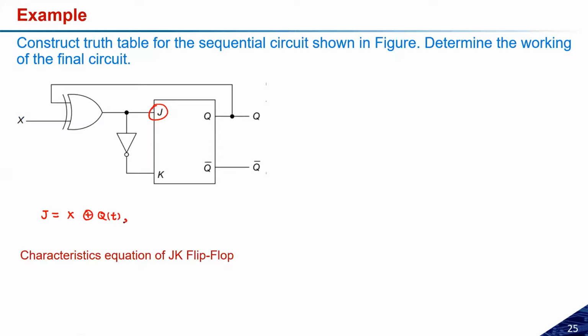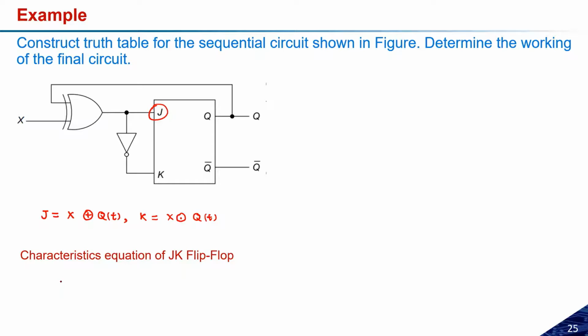This is the J. And similarly, K is nothing but X XNOR with Qt. What I have done here, this inverter is there, so we can say it is the XNOR logic. So we know the characteristics table of the JK flip-flop.